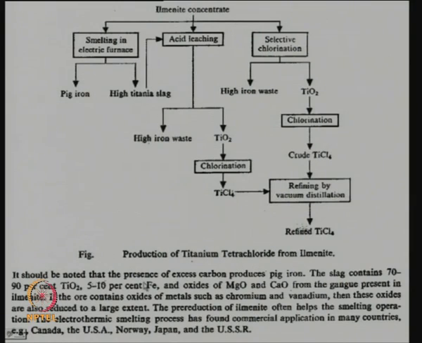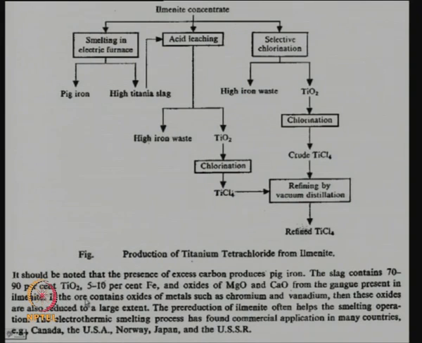Now, it should be noted that the presence of excess carbon produces pig iron. Here, we need a lot of excess carbon to produce pig iron. The slag contains 70 to 80% TiO2, it will be very viscous slag, 5 to 10% iron, which we are going to lose here. There will be oxides of Mg and Ca from gangue present in ilmenite.